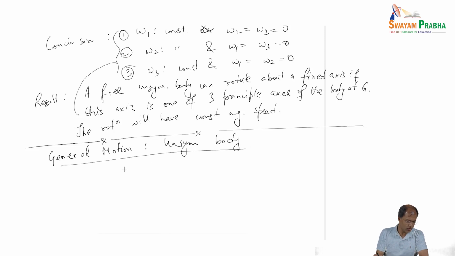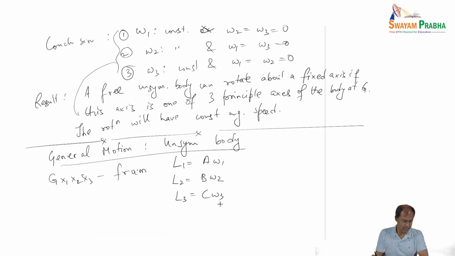Notice that in our G x1, x2, x3 frame, we had angular momenta L i's. L1 was A times omega 1, L2 was B times omega 2, and L3 was C times omega 3. If we use these forms of angular momentum in Euler's equation, we see that Euler's equation reduces to the following.